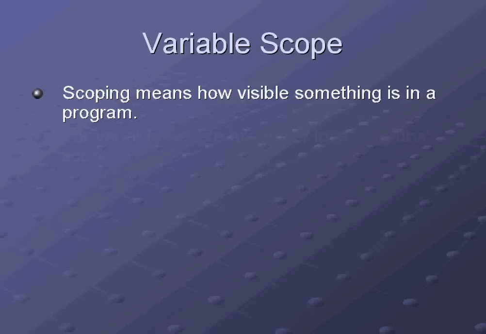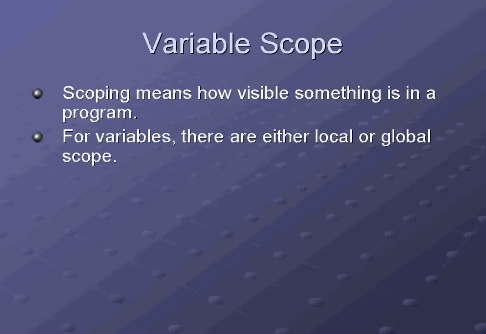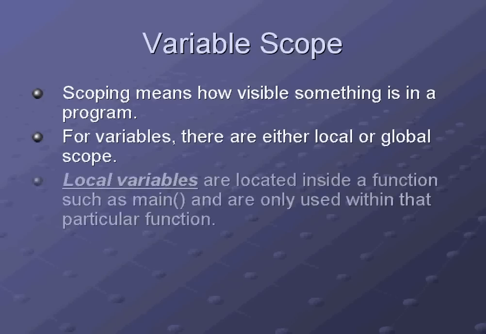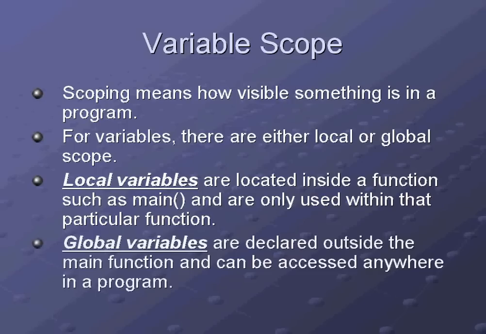A local variable is located inside a function such as main and is only used within that particular function. It vanishes and cannot be used anywhere else. But a global variable is declared outside the main function and can be accessed from anywhere in a program. There really are no restrictions.